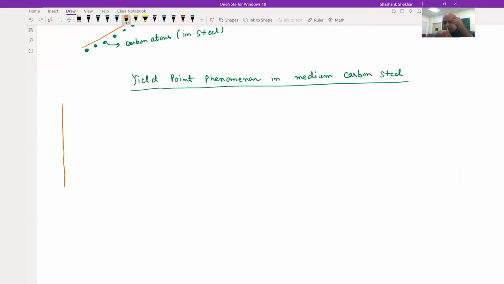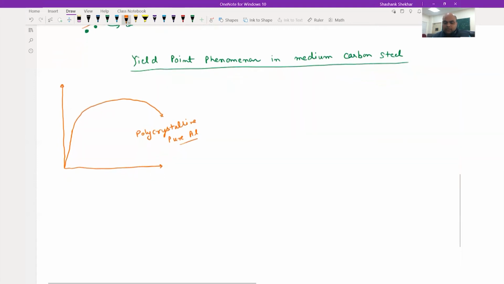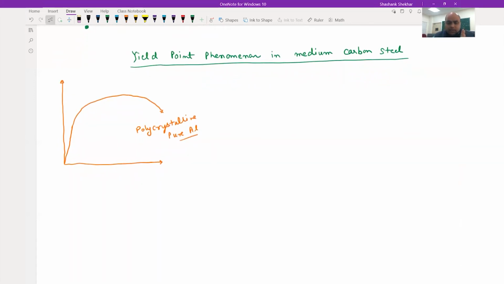If you do a tensile test on a sample of polycrystalline pure aluminum, you are going to have a plot like this, not up to scale but something like this, isn't it? So this is the engineering stress-strain plot for polycrystalline aluminum. This you know, and this is the general curve we are going to observe for almost all alloys, say copper alloys, magnesium alloys, even aluminum alloys, all polycrystalline alloys, right?